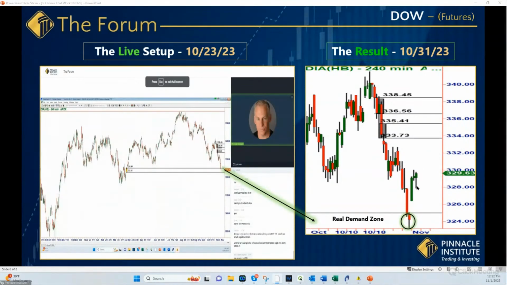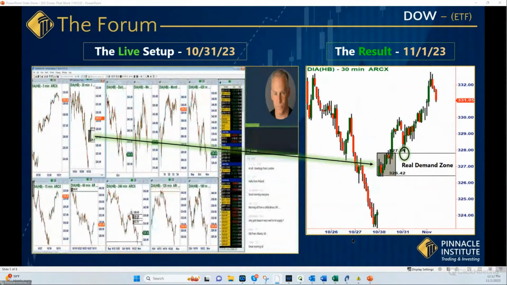Price turned, gapped up this week, and rallied so far, right? This is this week. This is last, I believe, Friday into this week now. So falling from the supply zones above, right? Now turning higher at the demand zone below. Now today, okay, literally today in the market, right?